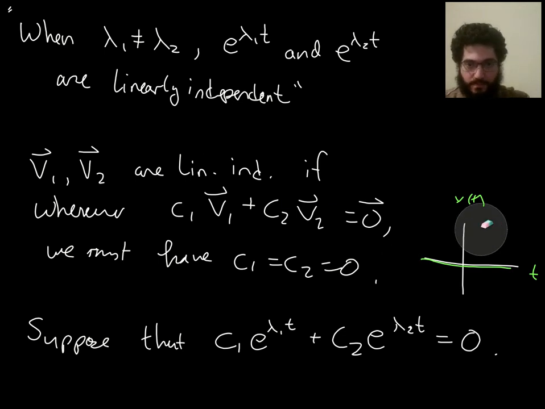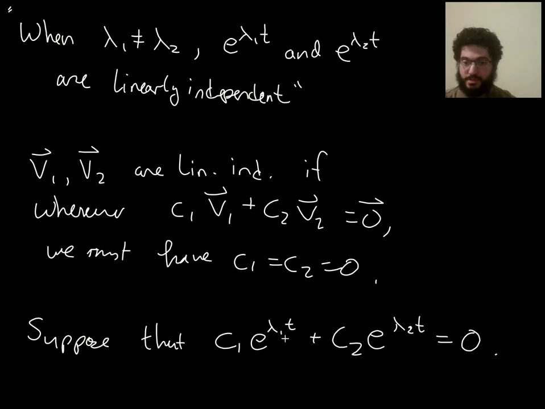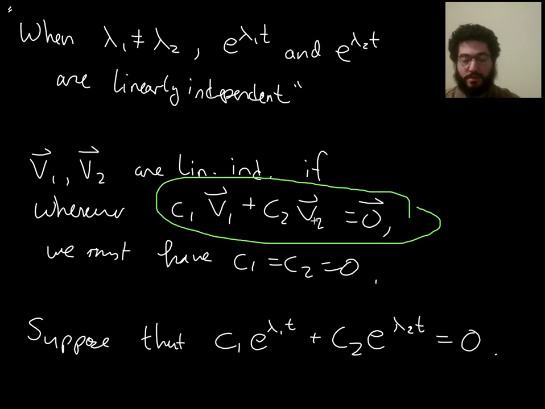So suppose this is true. When we suppose this is true, we're supposing it's true for all t. Just like when we think of v1 and v2 as column vectors in R3, it's actually a list of 3 equations, an equation happening at each entry.